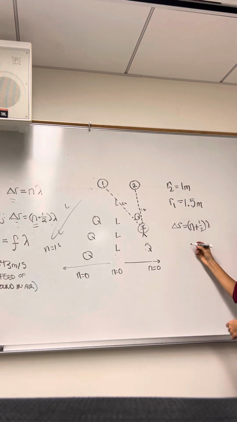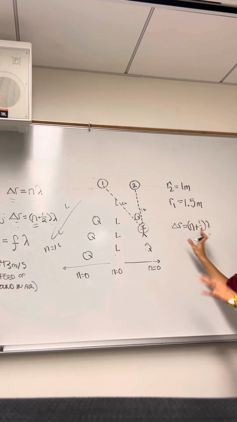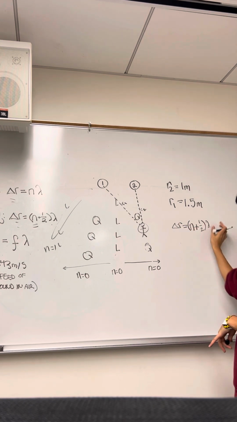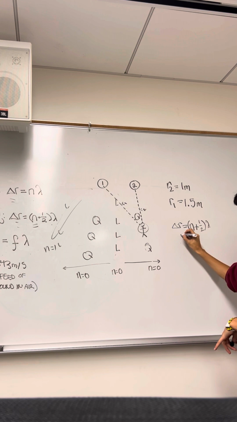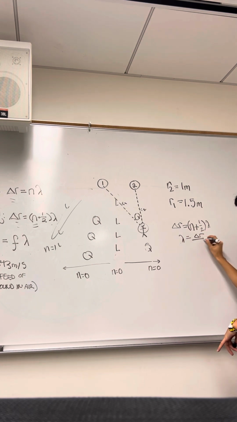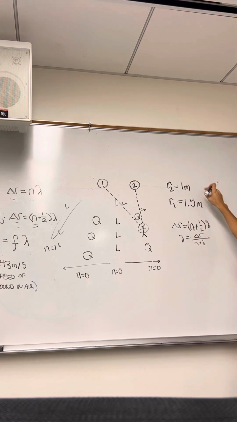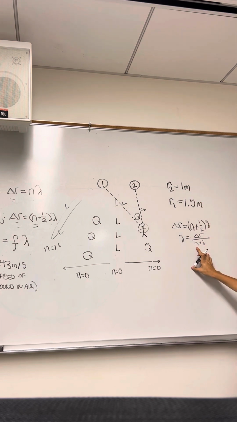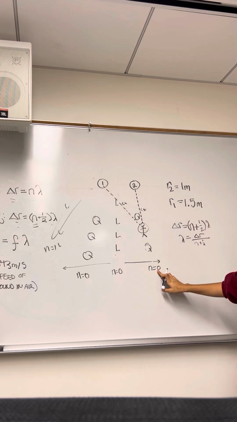So let's plug in our values real quick. Actually, let's rearrange first. So if we rearrange this to solve for lambda, now we have that lambda is equal to delta R over n plus 1/2. We know our delta R is going to be equal to this value minus this value, and we know our n is equal to 0 on this first nodal line.